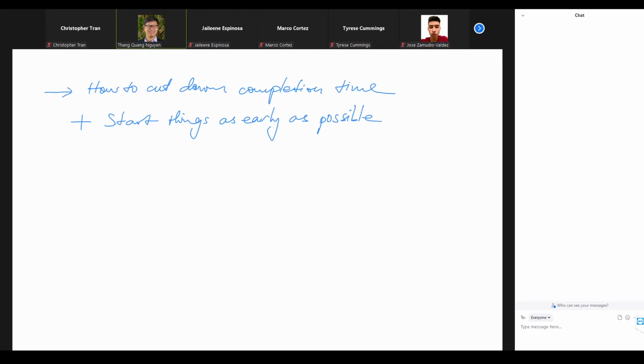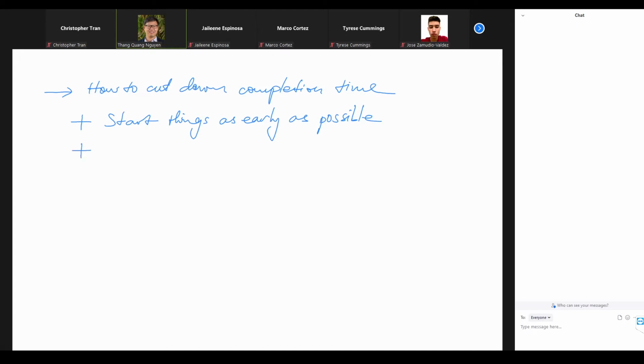And if we do not start things as early as possible, we might delay the critical path activities. Then the whole project will take more time to be completed, right? So starting things as early as possible is one way to control the completion time, or in some way is a way to cut down the completion time.